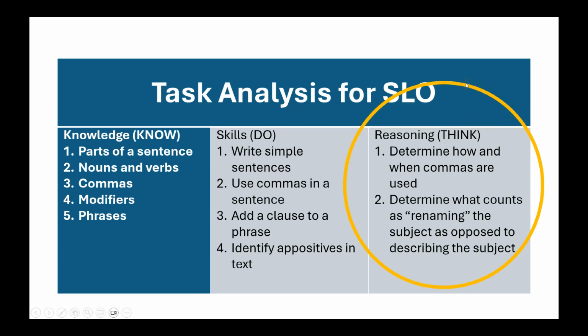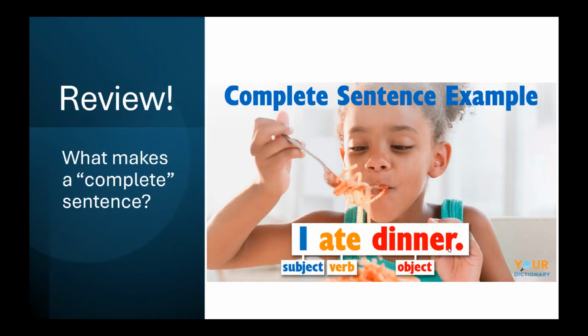In order to do this, you're going to have to think. And the thinking you'll be doing is in this yellow circle. You're going to have to determine how and where the commas will be used, and in fact, what counts as renaming the subject as opposed to describing the subject. You'll see what I mean. First, we'll need to review quickly what makes a complete sentence.